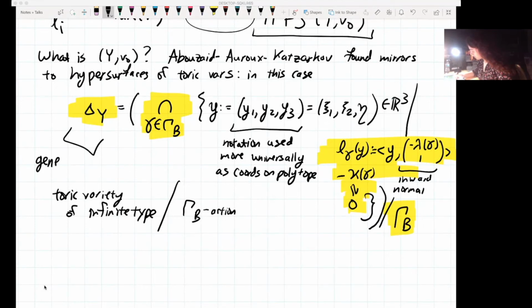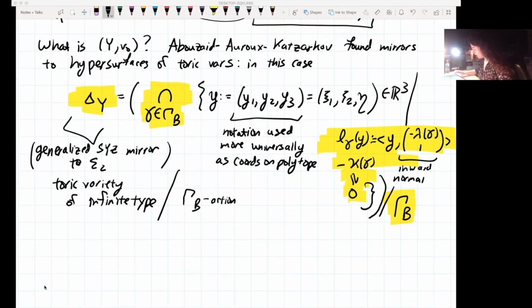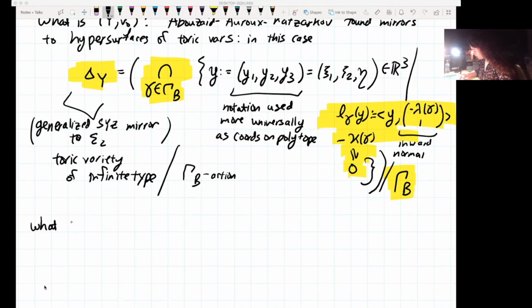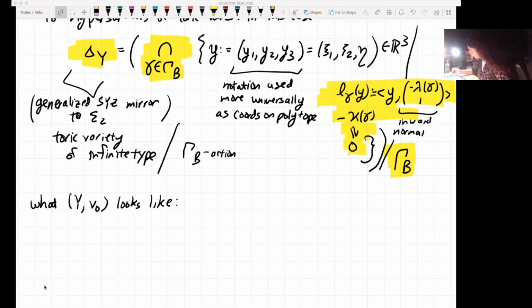Find. This is a generalized, called the generalized Zaslow to the genus 2 curve. And what it is polytope C2.